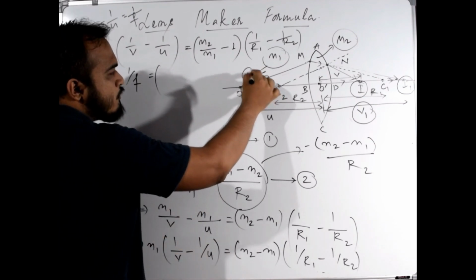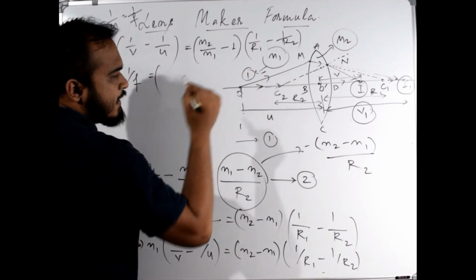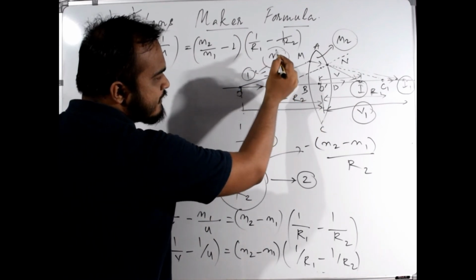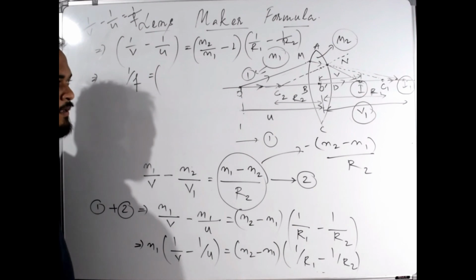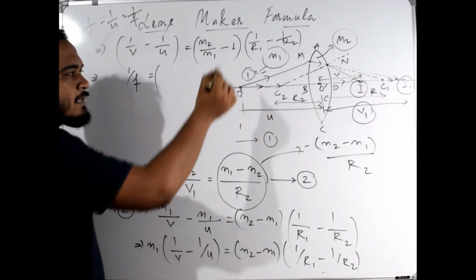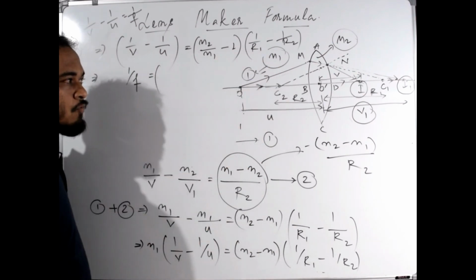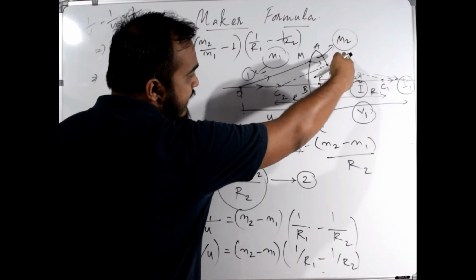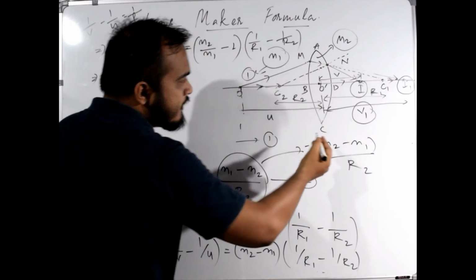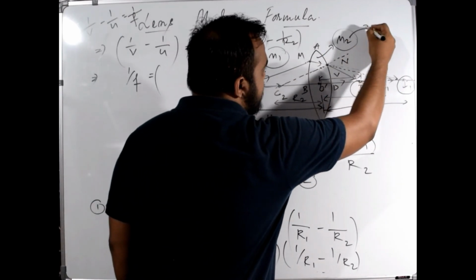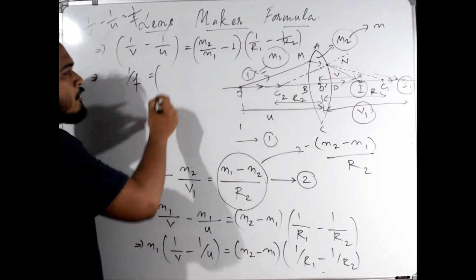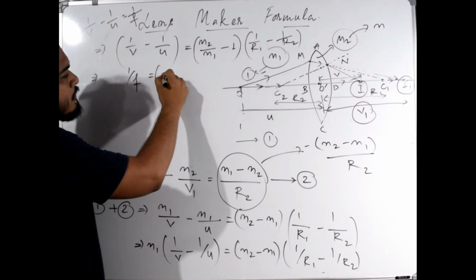If the medium where the refractive index N1 is present is air, in that case N1 will be equal to 1, and we can directly consider N2 to be N. So what will be present here finally?